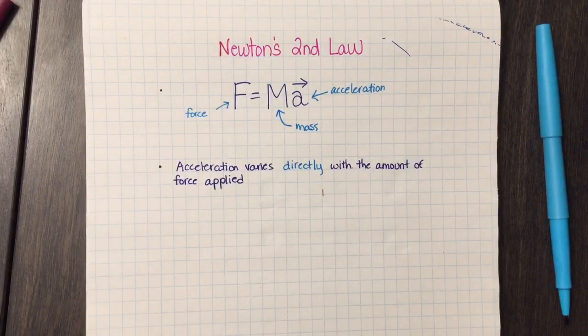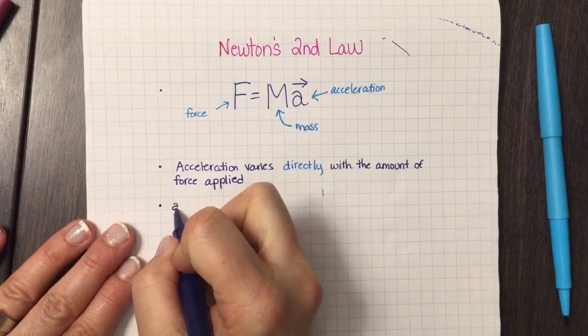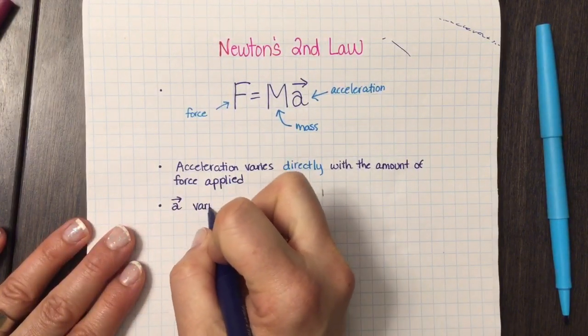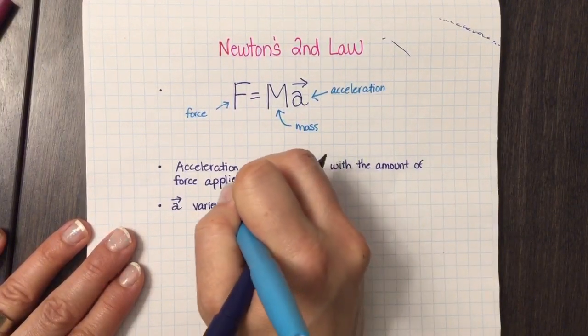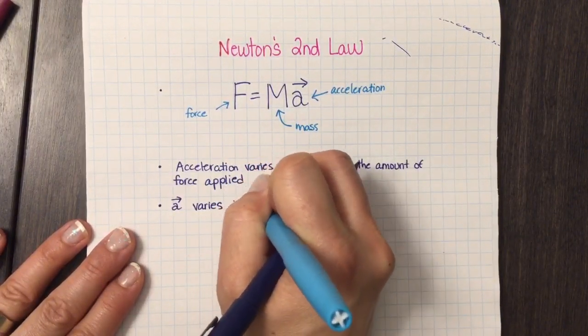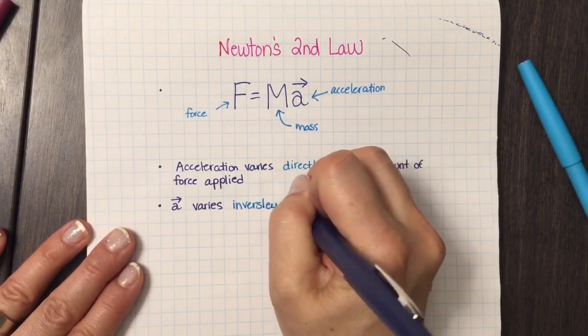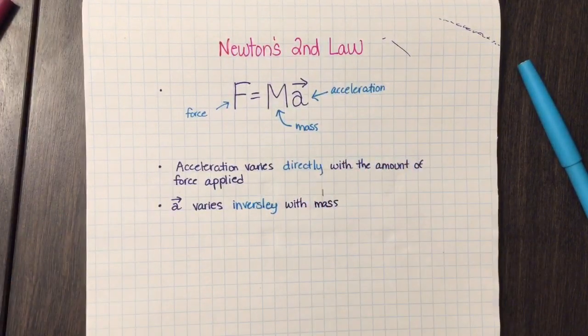Okay, and then the other part says acceleration, I'm just going to abbreviate it here. Acceleration varies or changes inversely with mass. Okay? It says mass of the body. Of the body doesn't matter. It's just the mass of the object.